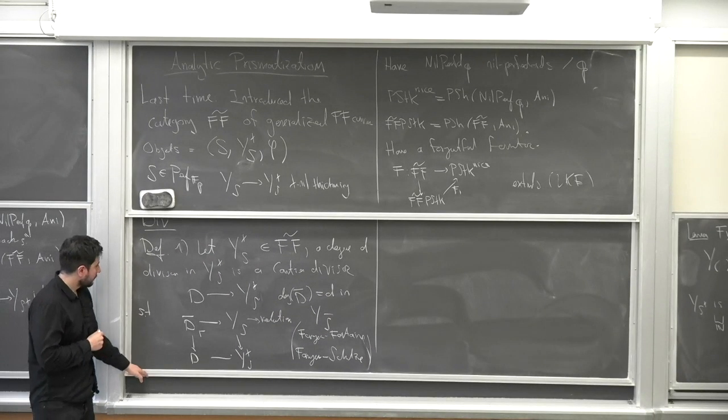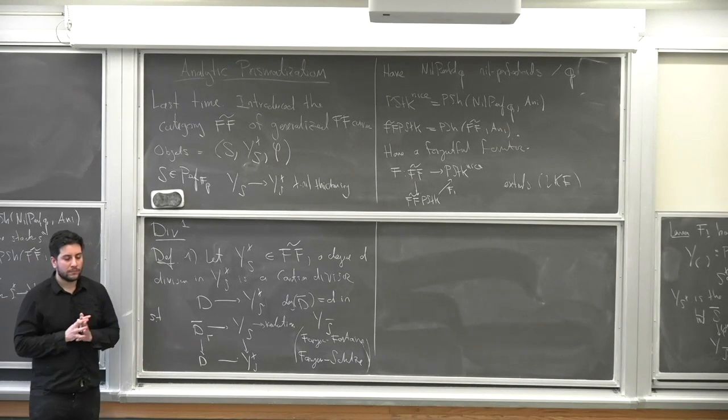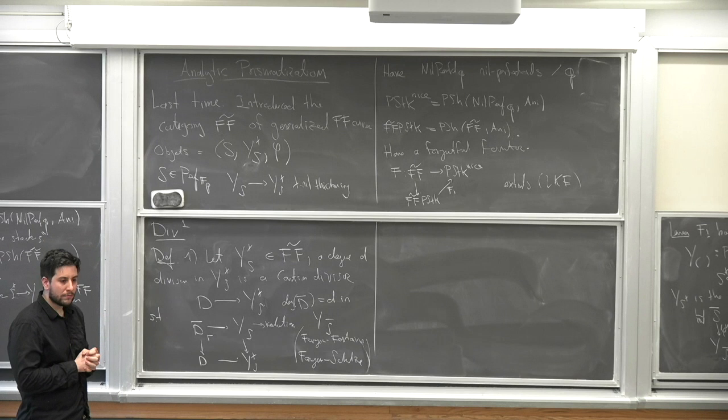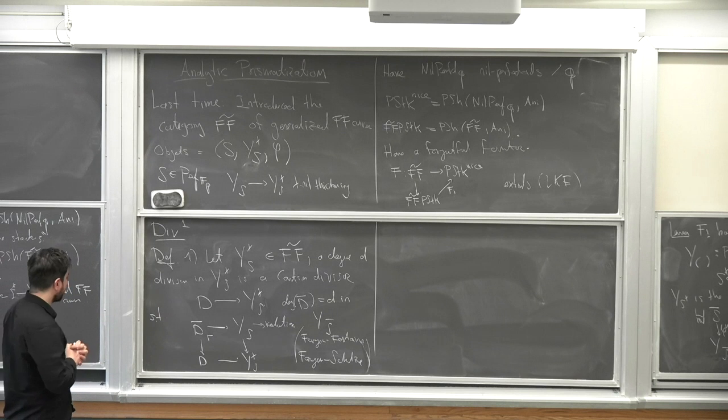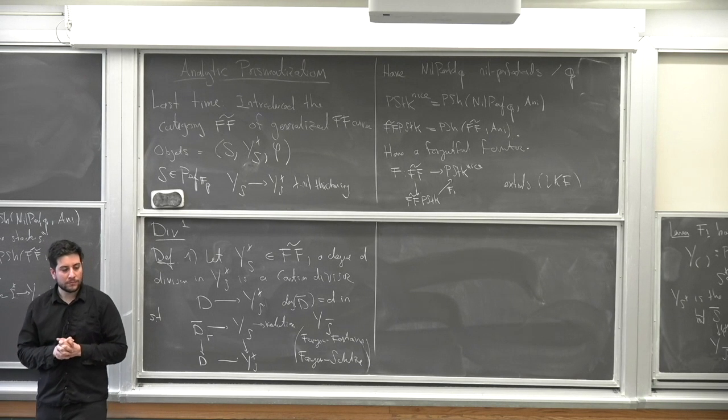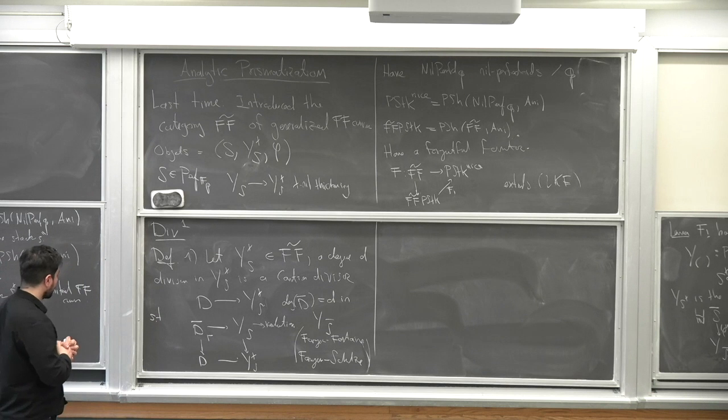So what is the problem? Is the problem to define the notion of divisor or the notion of degree of divisor? Of degree of divisor. Yes. And you are saying that in order to do this, you can pass from Y S theta to Y. Yes.